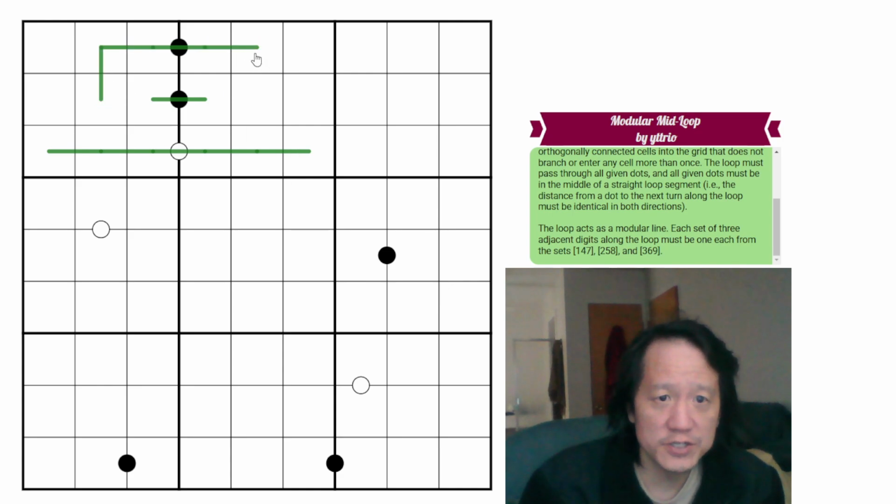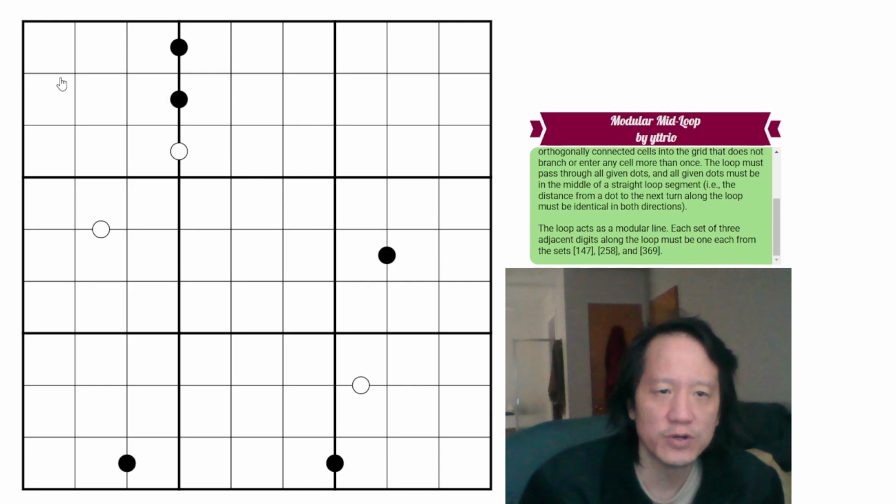Well, this would have to branch down, this would have to branch down, and then the problem is, where does this connect to on the loop? This would branch that way, so that doesn't work. And this, going this way, would create a loop, which doesn't go through all the dots. So therefore, this cannot be length 2, length 1, and length 3.